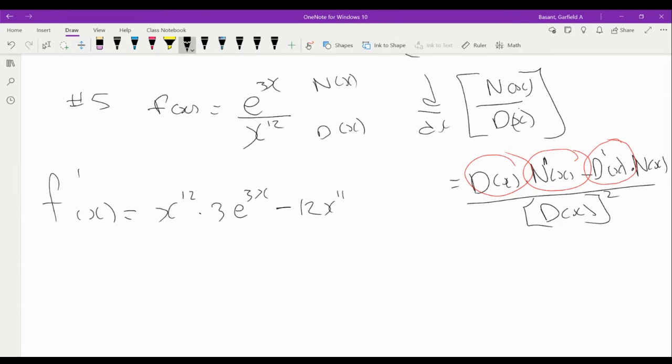Okay, thanks, Samira. And we're going to times that by the numerator, which is e to the 3x. And then we're going to put that all over the denominator squared.